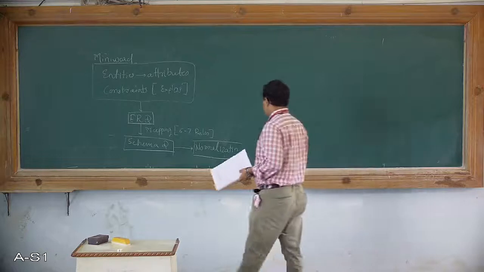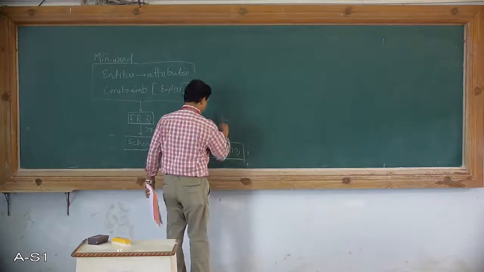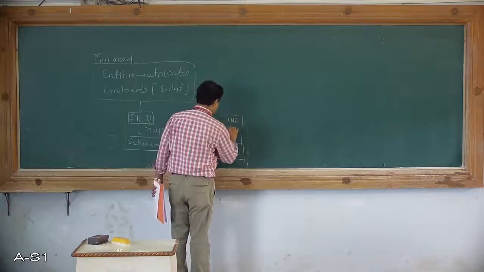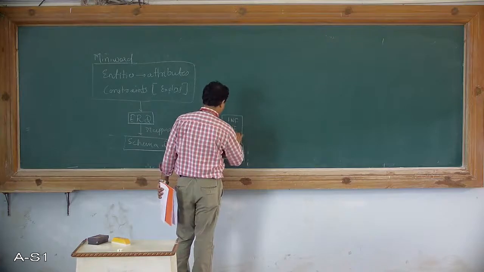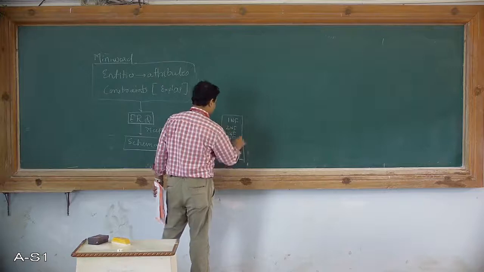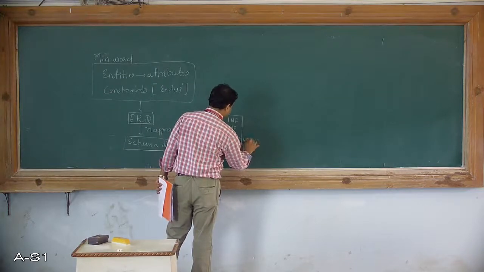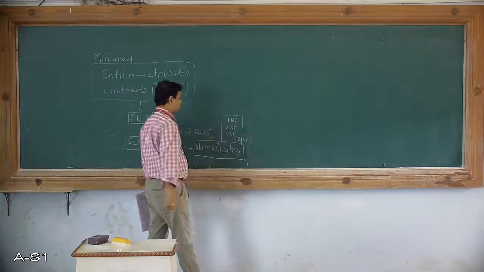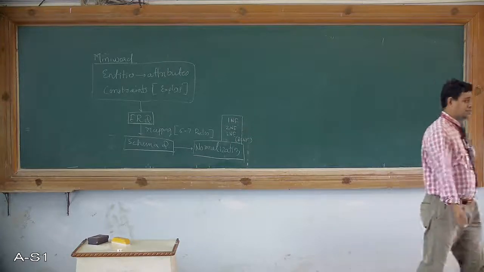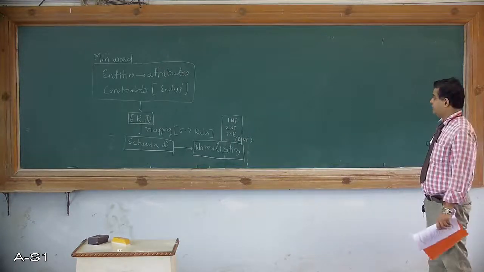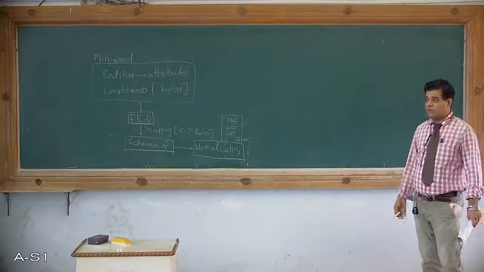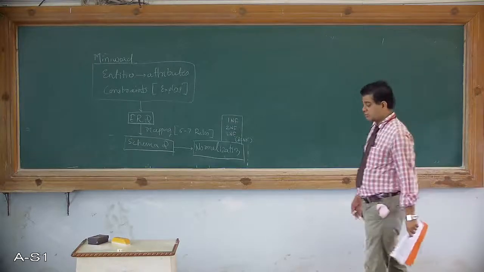So in normalization, we have 1NF, 2NF, 3NF, BCNF. In 1NF we just deal with atomic values, where there is no further division of the attributes.